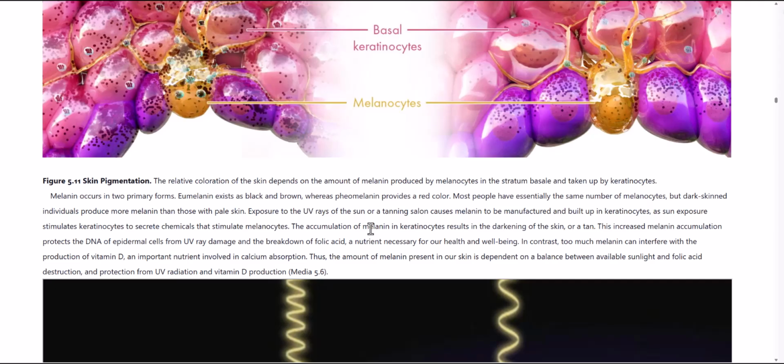And so people with darker melanin levels, while they're protected from the sun better, actually make less vitamin D, and that can lead to people with darker complexions, African American population specifically, being at higher risk for bone issues and things like osteoporosis because of that decreased vitamin D production because of the darker skin.